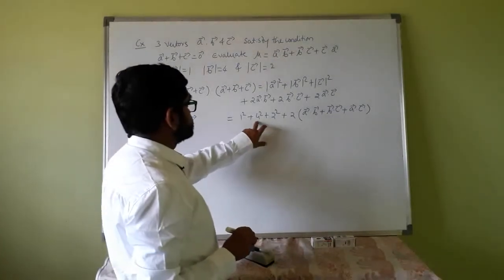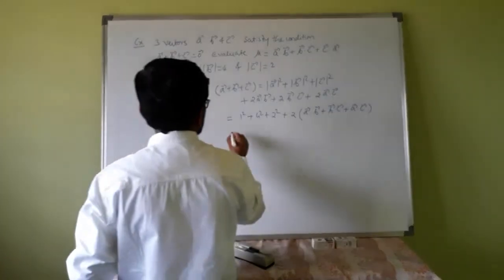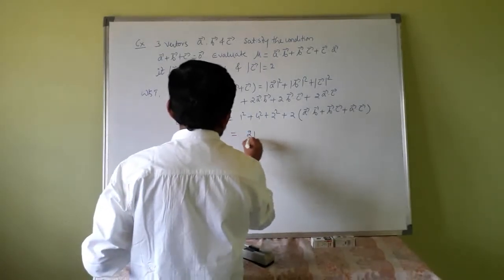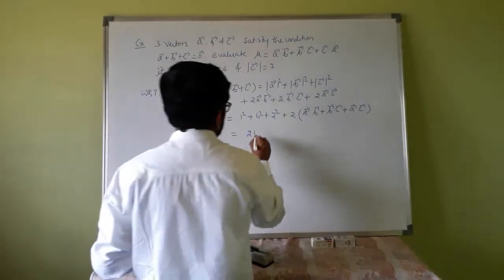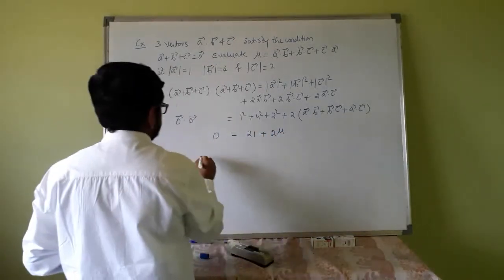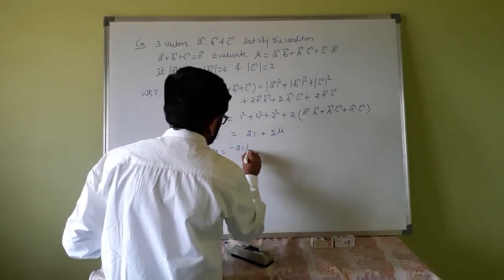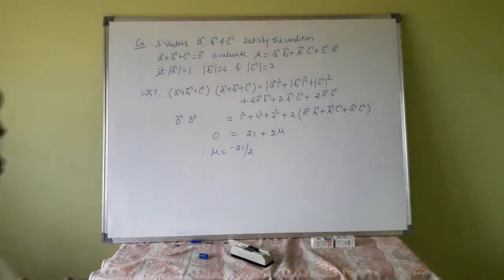That is 1 plus 16 plus 4, 21. This is 0, equals 21 plus 2 times mu it is. Therefore mu is equal to minus 21 by 2 is the required answer.